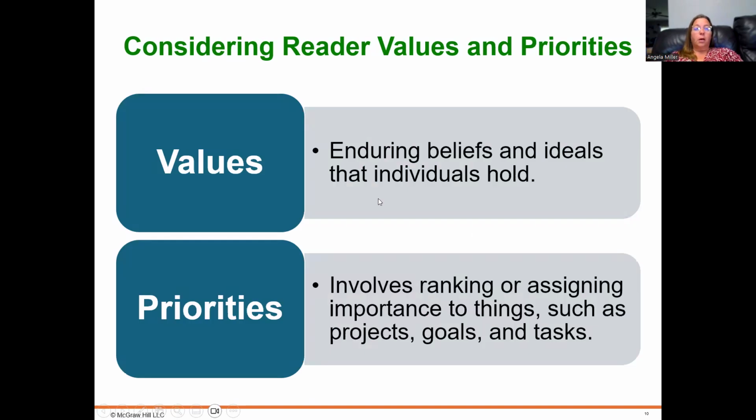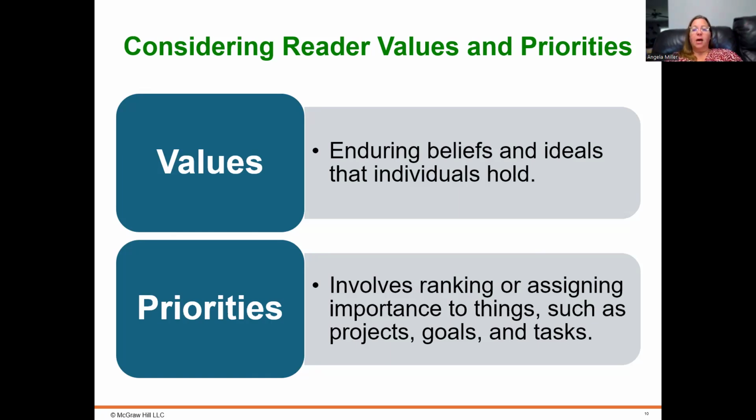All right. Okay, so considering reader values and priorities. Their values are the beliefs and ideas that individuals hold, right? So if I believe that we have to complete a project with as little waste as possible, if that is my belief as your audience, then as you're creating the project, you need to make sure that you take that into consideration.